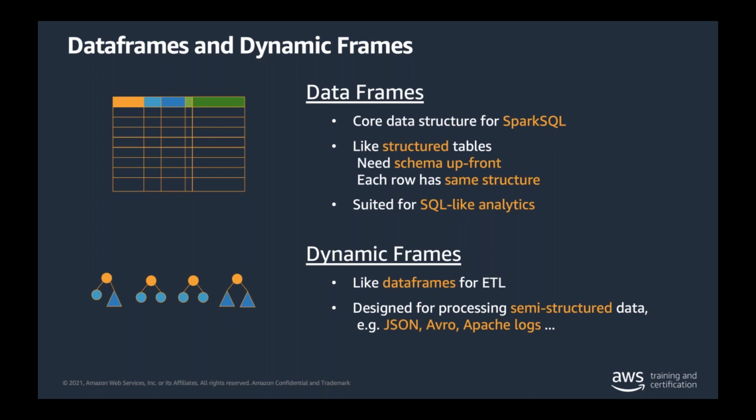Data frames are powerful and widely used, but they have some limitations with respect to ETL operations because they require a schema to always be specified before any data is loaded, which is not always possible and can be very challenging. For example, let's say that you have a column containing a numeric value for some rows and then another data type for some other rows. With traditional Spark data frames, Spark will derive this as a string, which will be incorrect, and you would have to manually fine-tune this behavior later on.